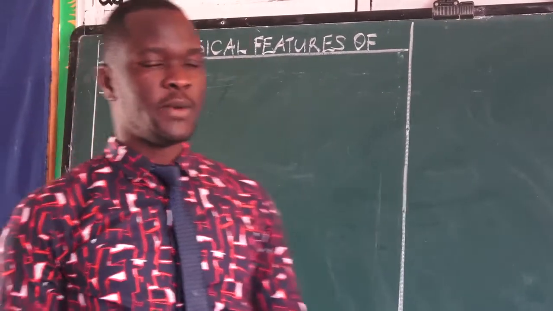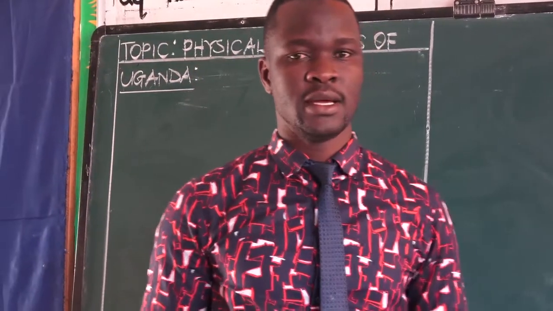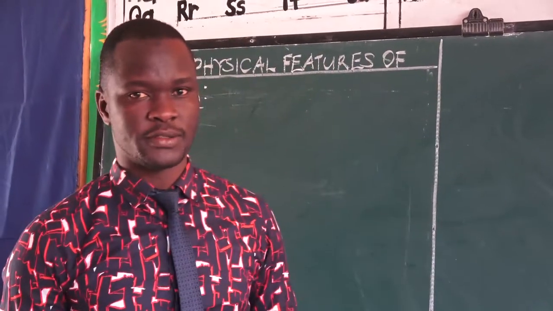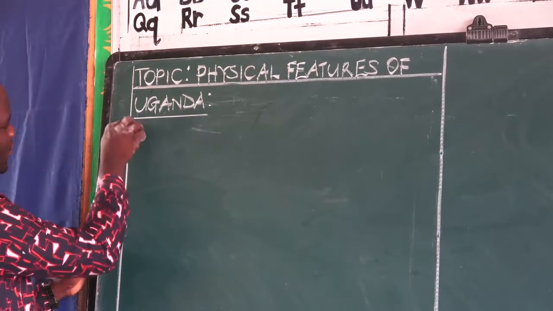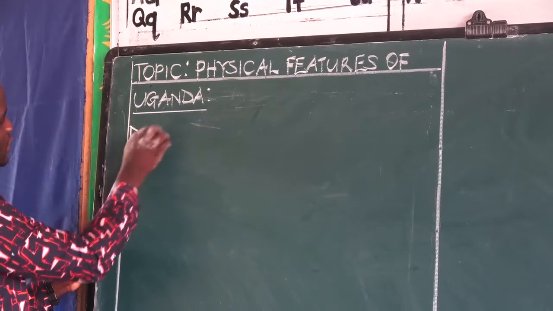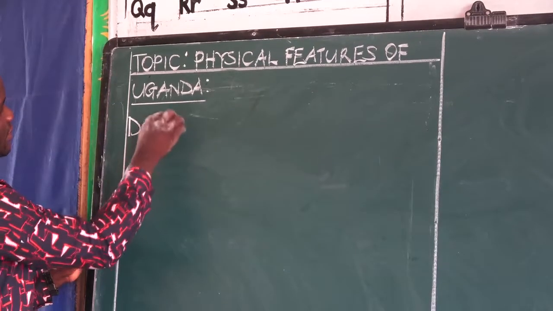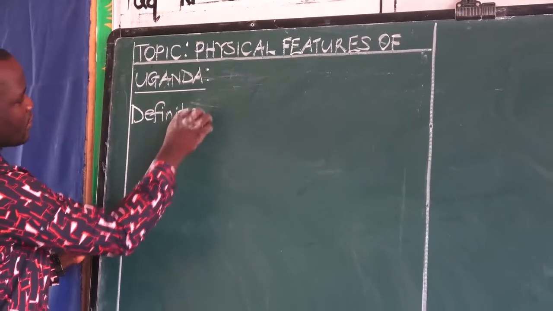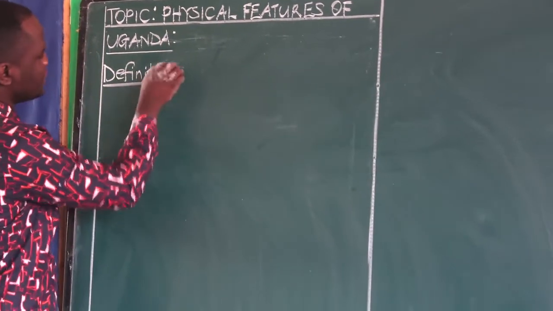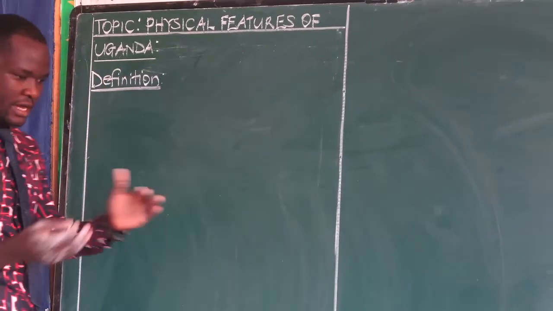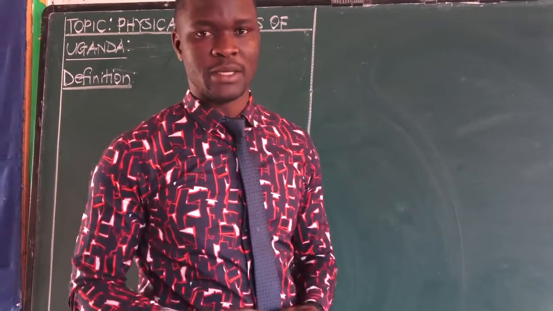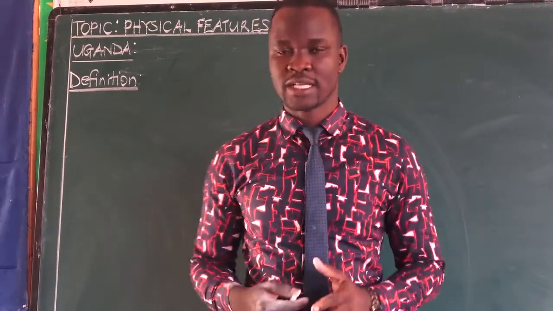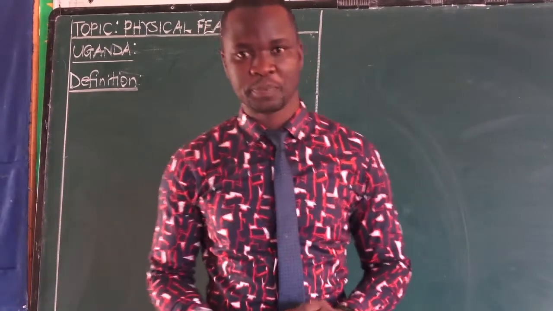So when we are beginning with this topic, we need to understand, one, the definition of physical features. Like I said, you learned about this in the lower classes, which means you should now be able to give the meaning of physical features. What are physical features?